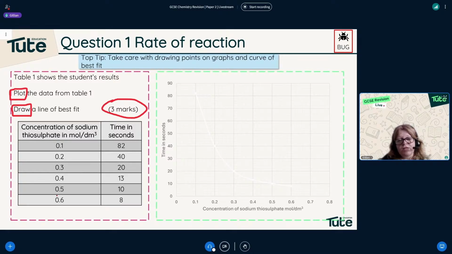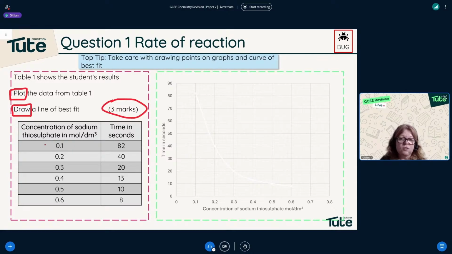They've already provided you with a scale on the X and Y axis, but if you are having to draw a scale, make sure that your numbers are equally spaced, for example going up in 0.1 or going up in tens. Another exam tip is to try to use as much of that graph paper as they give you in that exam.